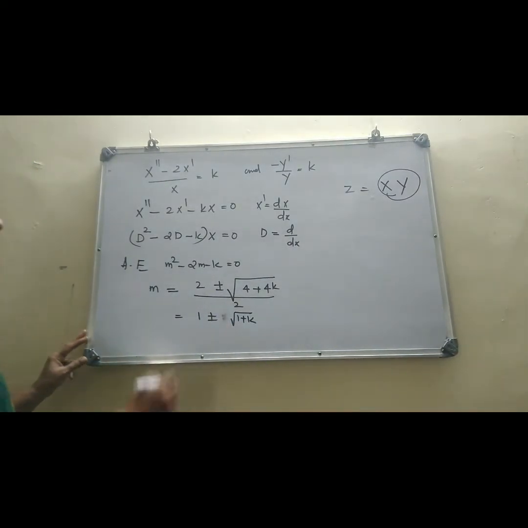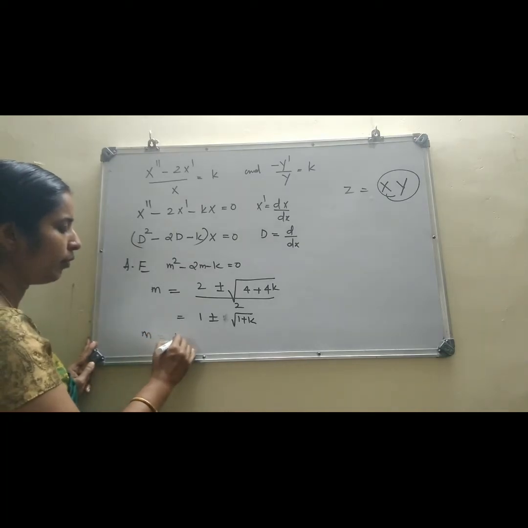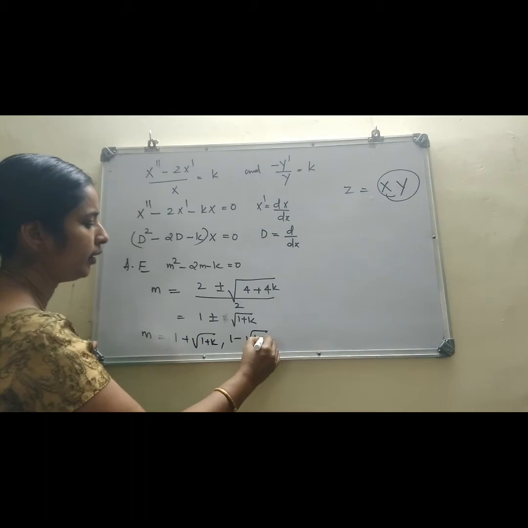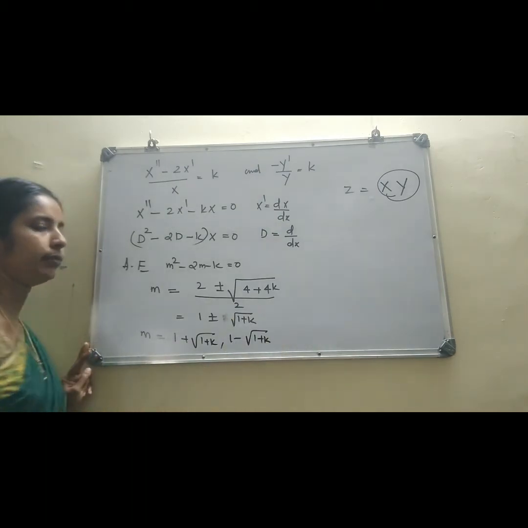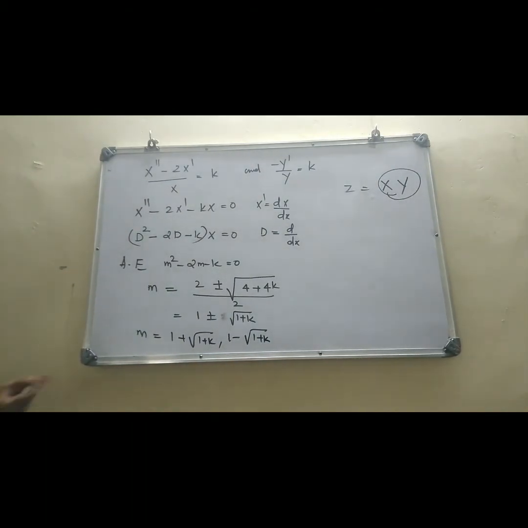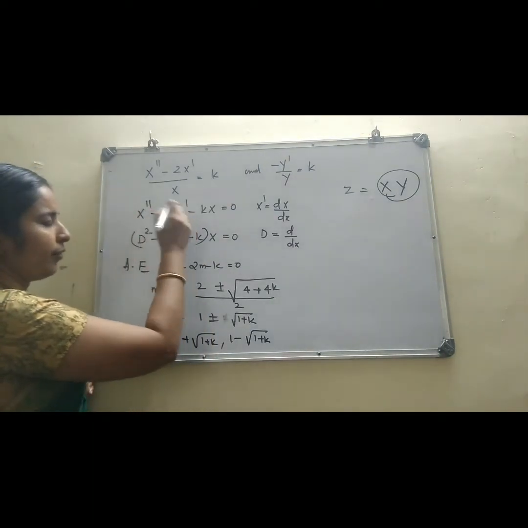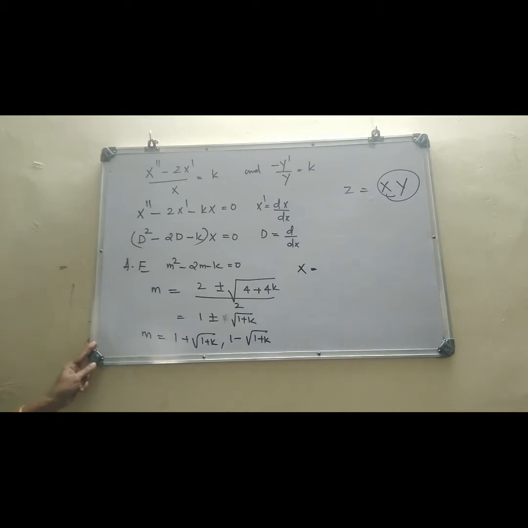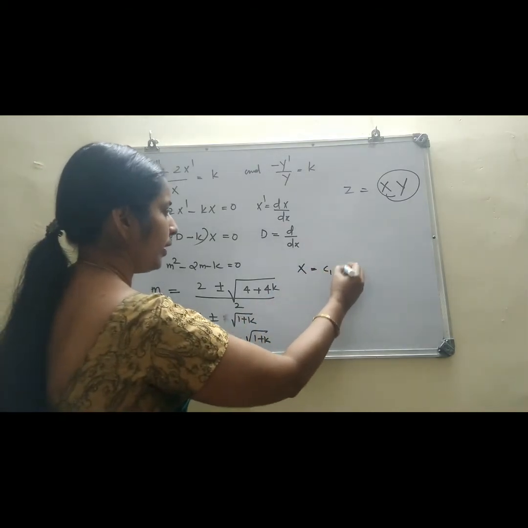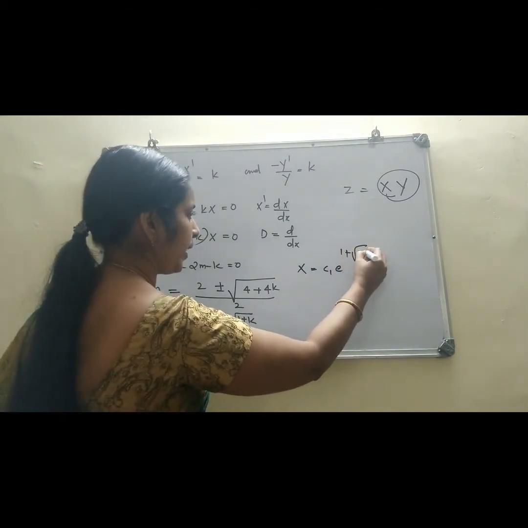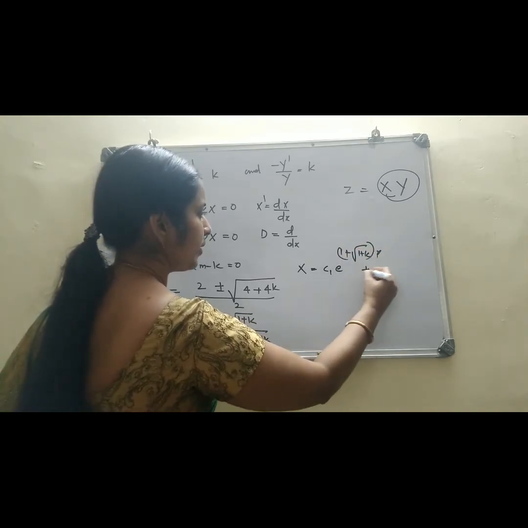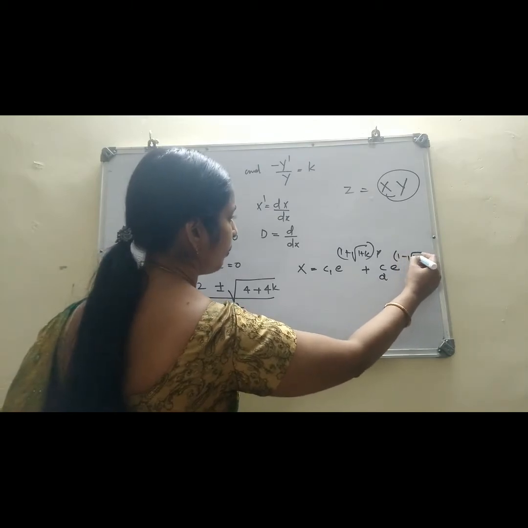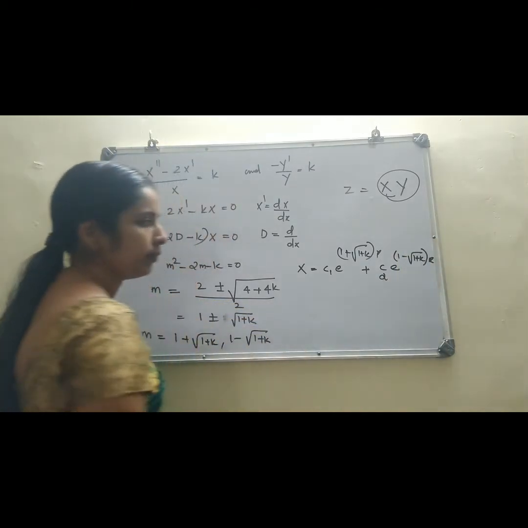So the values of m are 1 plus root 1 plus k and 1 minus root 1 plus k. Then the solution of this differential equation, capital X, is equal to C1 e raised to (1 plus root 1 plus k) into x plus C2 e raised to (1 minus root 1 plus k) into x.